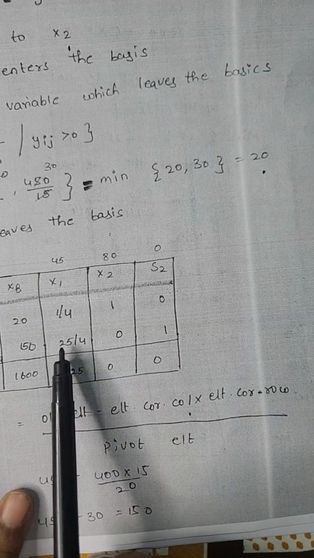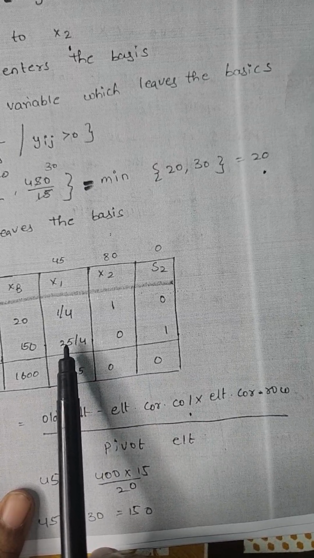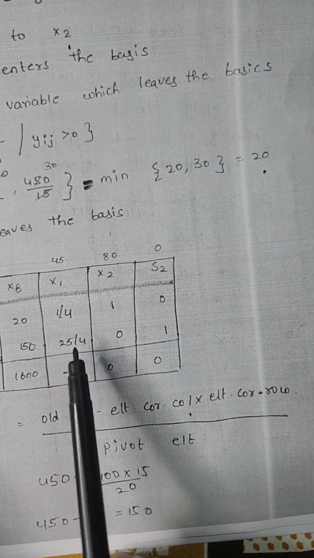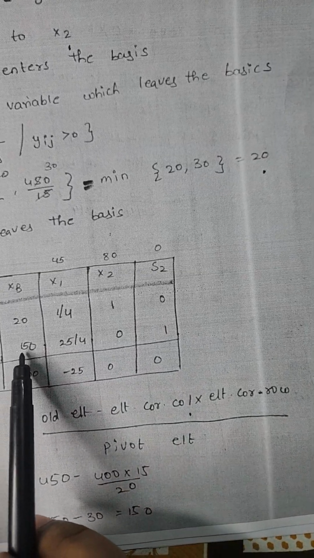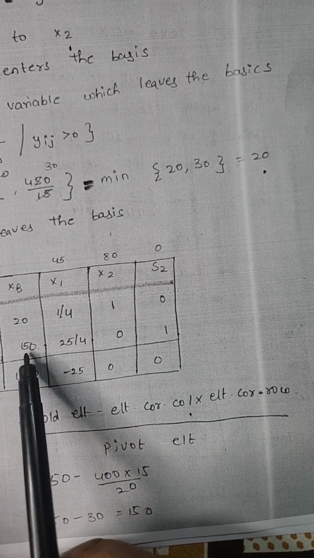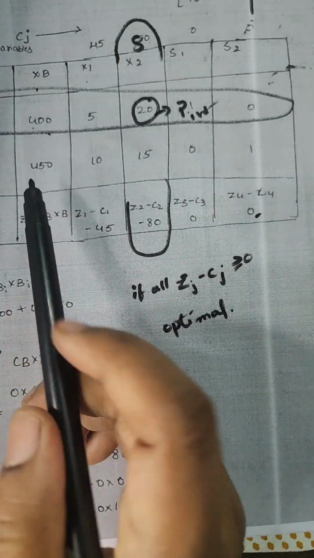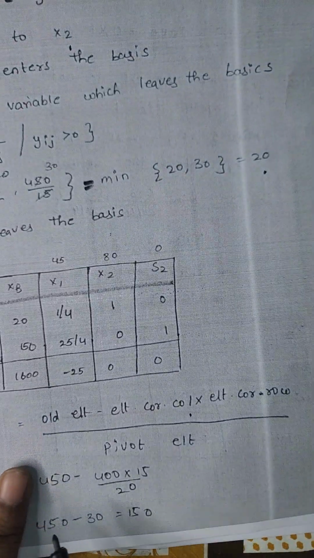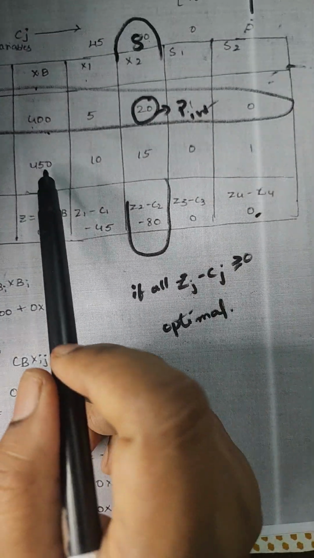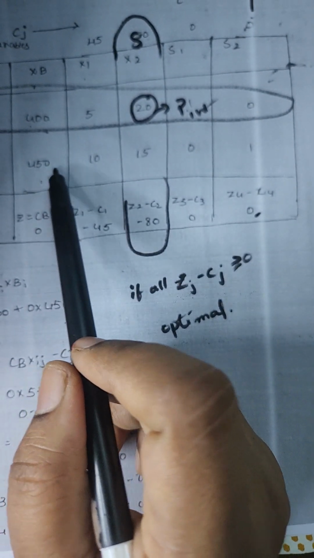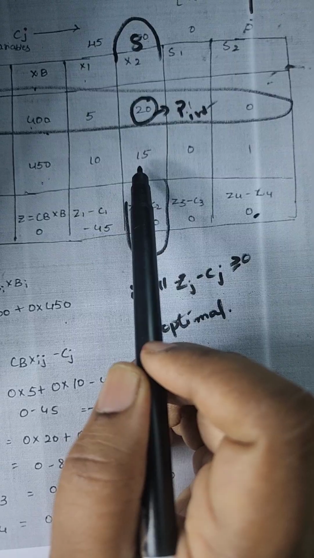Here we want to find the new element. The old element in this place is 450. So 450 minus element corresponding to the column, 400, into element corresponding to the row, 15.